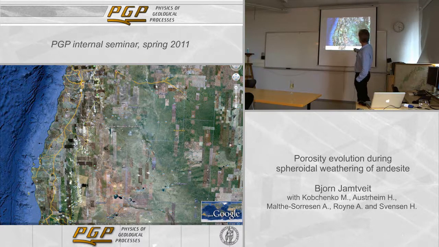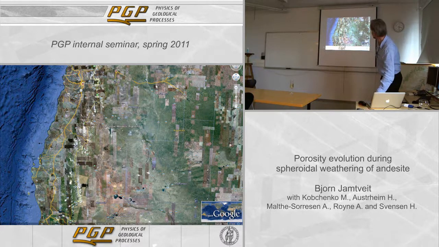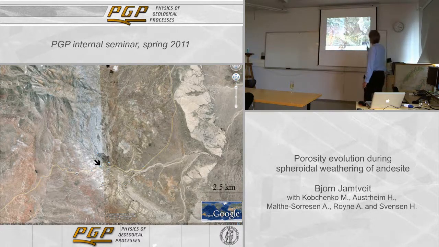Can't really read this, but Mendoza is there, Santiago is there, and we were driving along the Andes on the east side of the Andes towards Mendoza from Neuquén, and we came to this place called Malargüe, however they pronounce it in Spanish. And it's maybe 20 or 30 kilometers south of Malargüe.